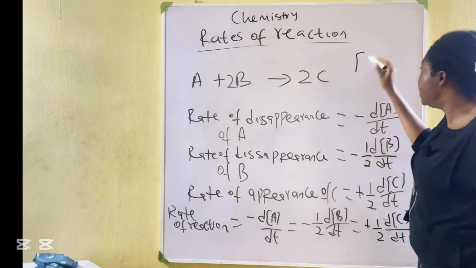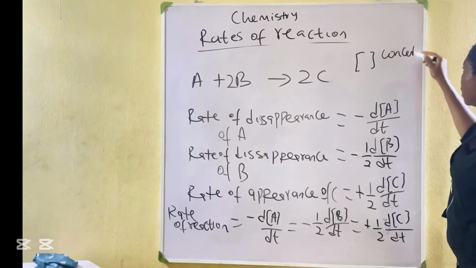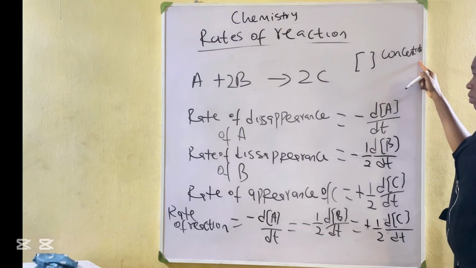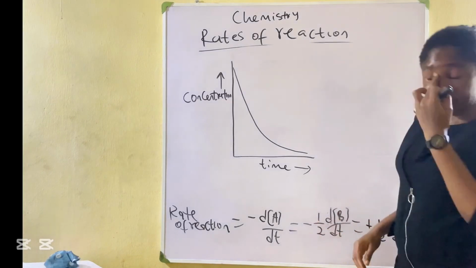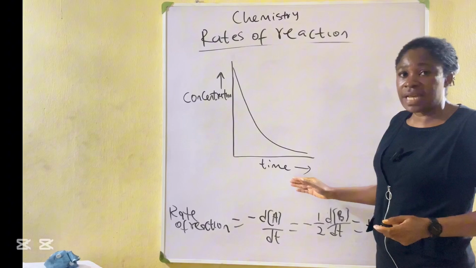The square bracket signifies concentration. Anytime you see this in chemistry, it means concentration. Let's look at the graph of concentration against time.